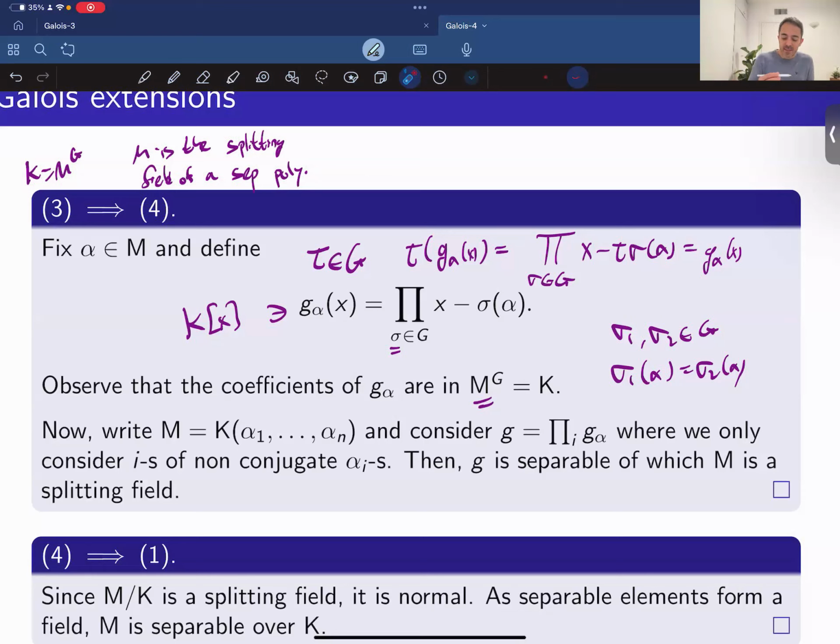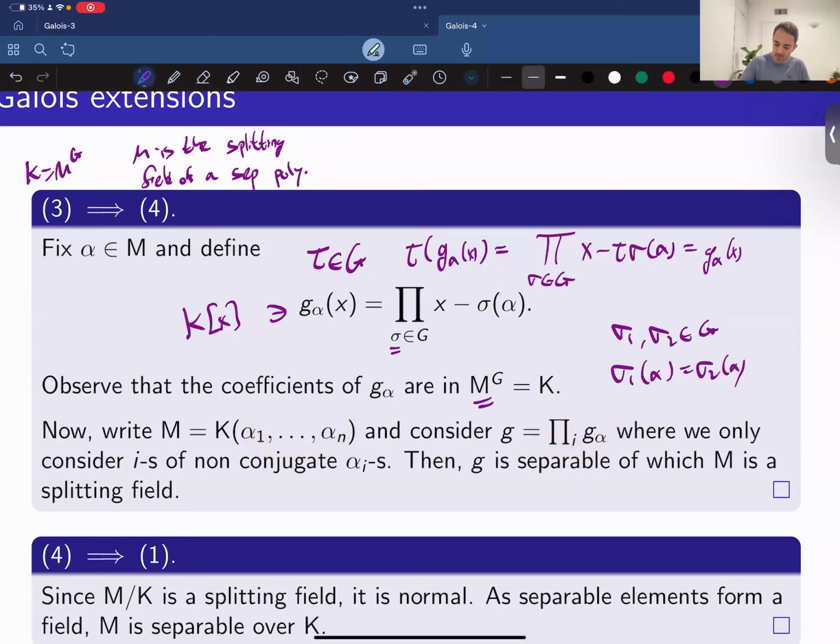But anyhow, having done that, because M over K is finite, in particular finitely generated, you can write M as K of some alpha 1 up to alpha n, and the polynomial that you are looking for, the one that makes M over K a splitting field of that polynomial, is just going to be the product of the g alphas for those alphas.